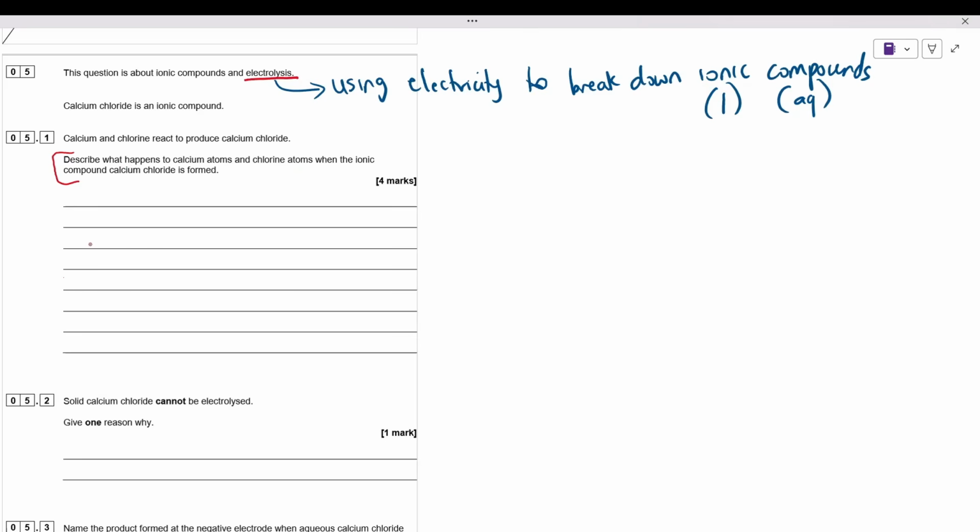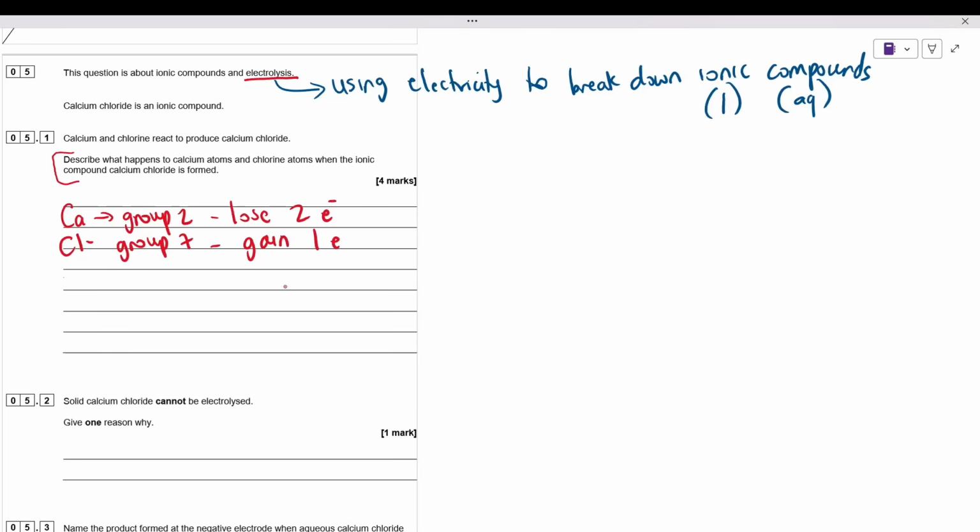So I'm just going to do this quite simply. Let's focus on calcium first. We know that calcium is in group 2, which means it's going to lose 2 electrons. That's key information. And we know that chlorine is in group 7, so it's going to gain 1 electron.